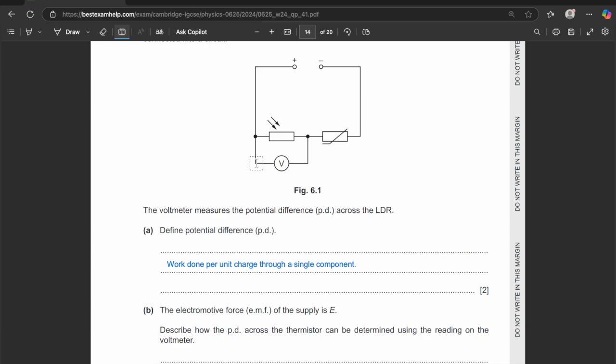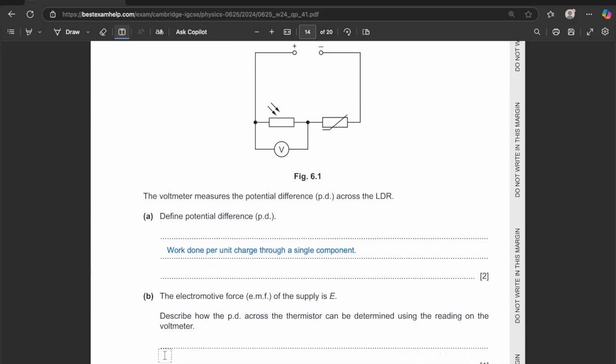So it asks for the PD across the thermistor, and this is E. You have to know that in series circuits, the EMF will be divided between the components. So we can just say E subtracted by the reading on the voltmeter.